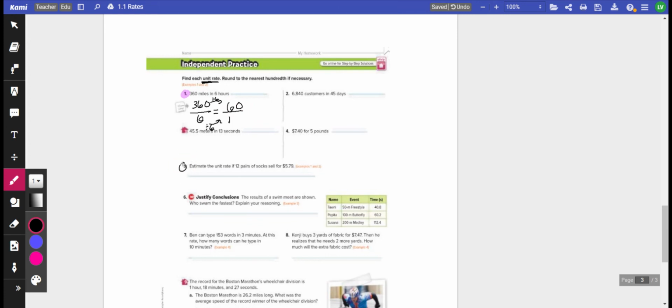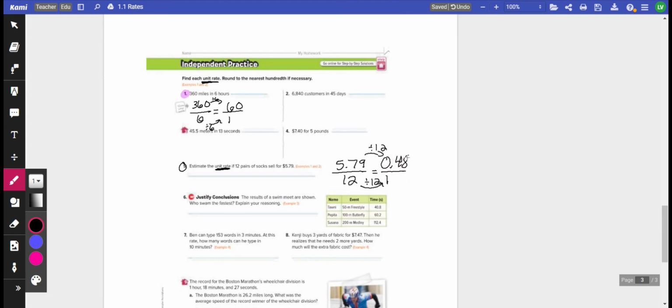Let's try number 5 now. Estimate the unit rate if 12 pairs of socks sell for $5.79. We want to find the unit rate. So if it costs $5.79 for 12 pairs of socks, I want to know what 1 pair of socks equals. So I'm going to divide the denominator by 12, divide the numerator by 12, and that gives me the answer of 0 and 48 hundredths.